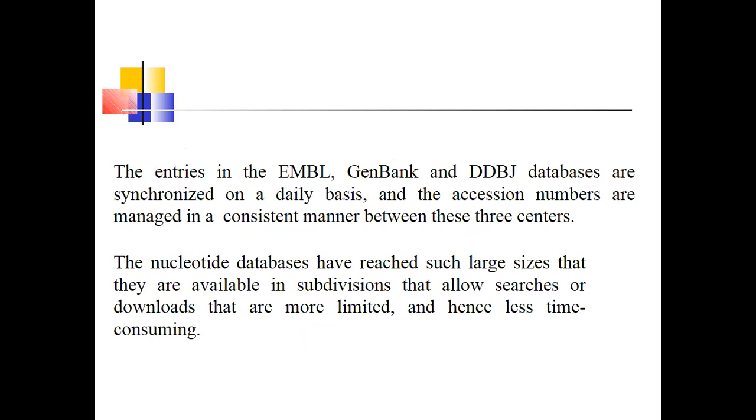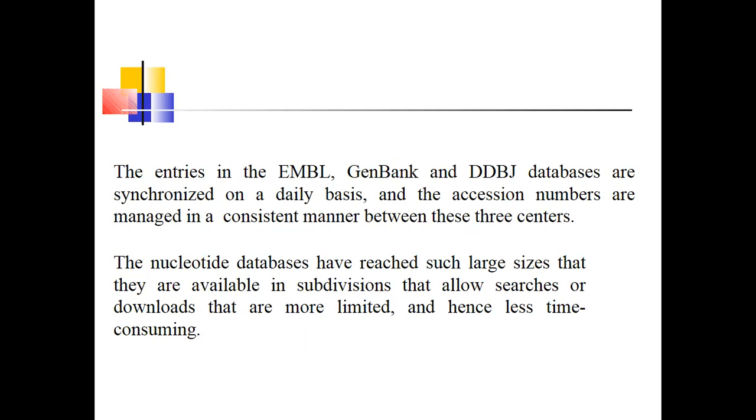The entries in EMBL, GenBank, and DDBJ are synchronized on a daily basis. Every time a sequence is submitted to any database, within hours the pipelines take that data from one database to another and give a specific accession number and ID to that new entry.